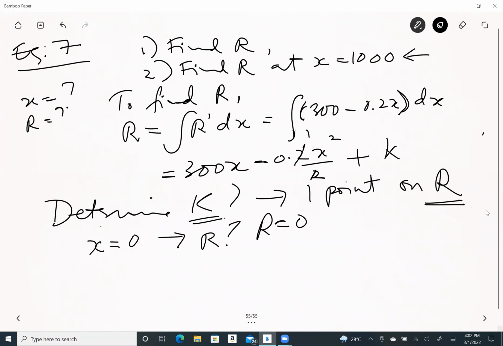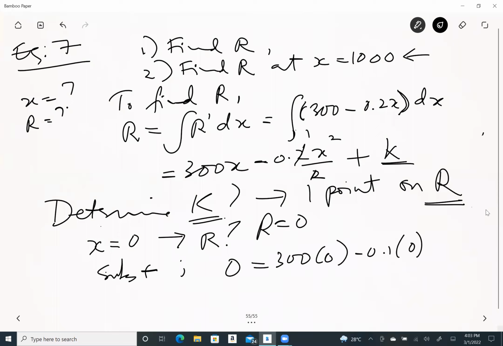So if you want to find k for revenue, you use that point. When x equal to 0, R equal to 0. So you substitute to find k, I got 0 equal to 300 times 0 minus 0.1 times 0 squared plus k. So therefore, what is k? k is 0.